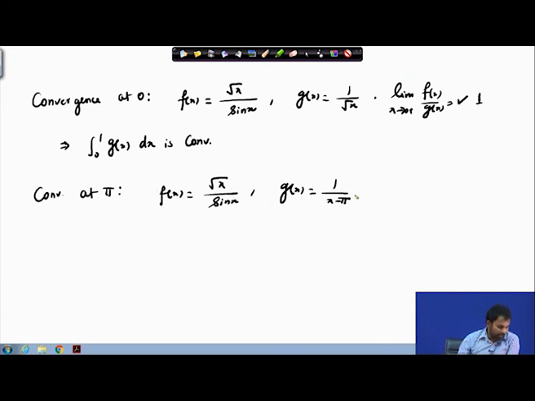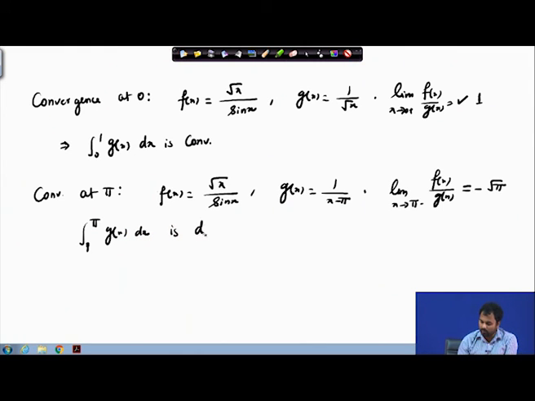I can again evaluate the limit, and I can show that this limit of f x by g x as x goes to pi would be equal to minus square root of pi. I can also show that the integral from 1 to pi of g x dx is actually divergent.